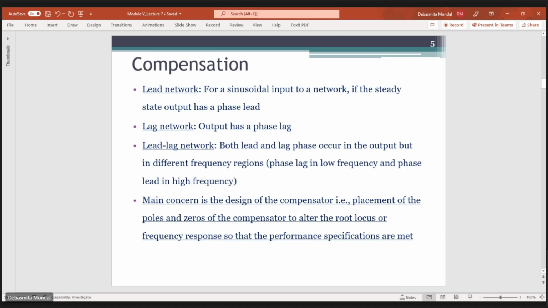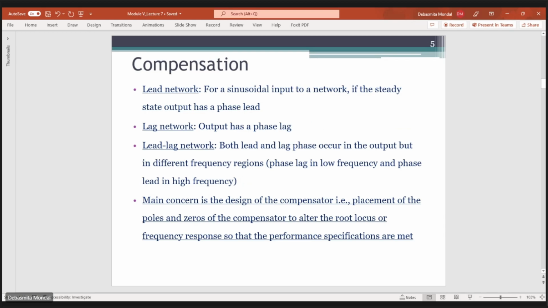In that case, you need the compensator in order to stabilize the system as well as achieve some specified performance criteria. If you have a type 2 system or higher order systems, usually those type 2 or higher order systems are generally open loop unstable systems.